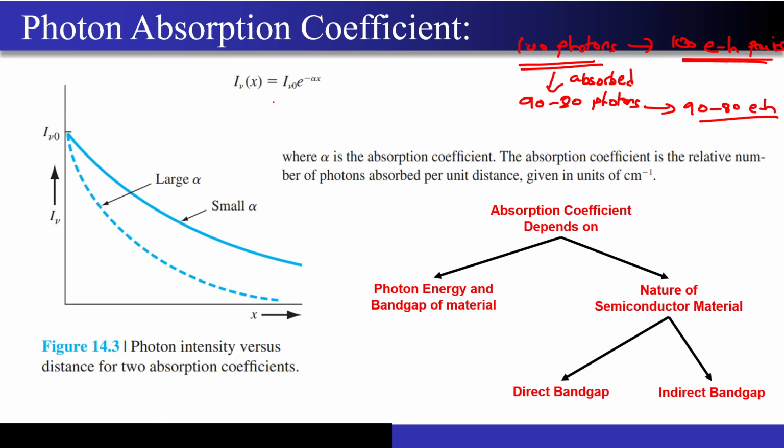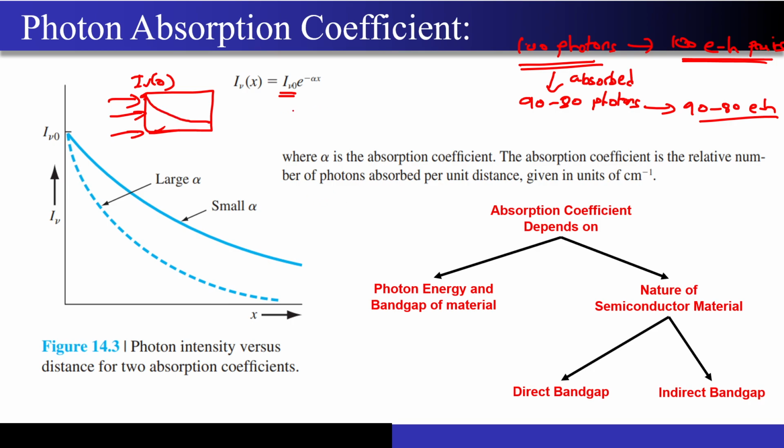What this formula is telling you is that if I incident a light with a certain power density on the semiconductor material, the power density that I had at this particular point, I(0), will start decaying exponentially.